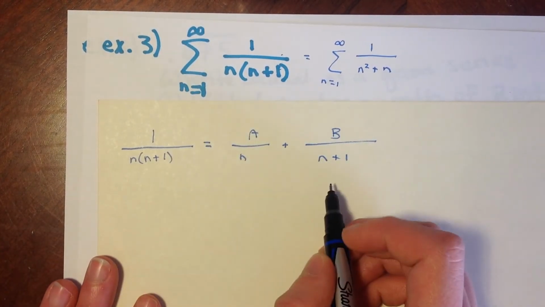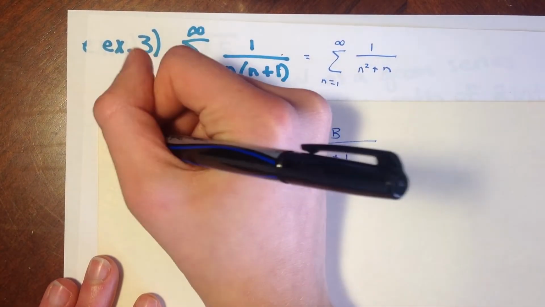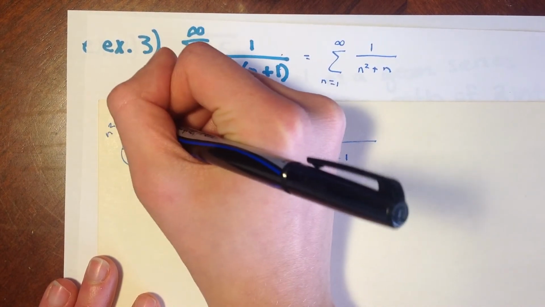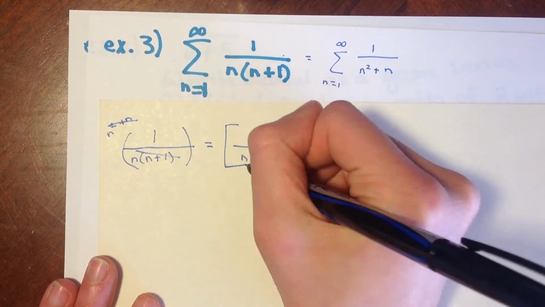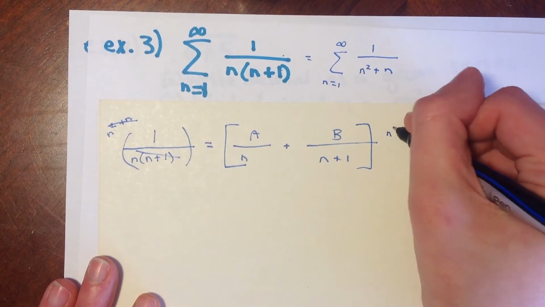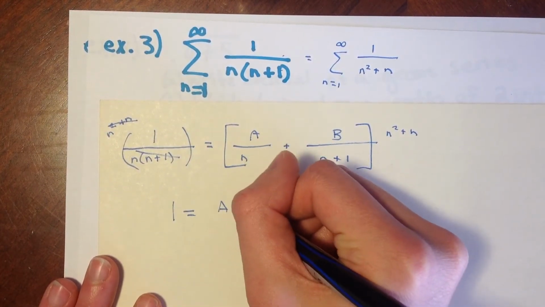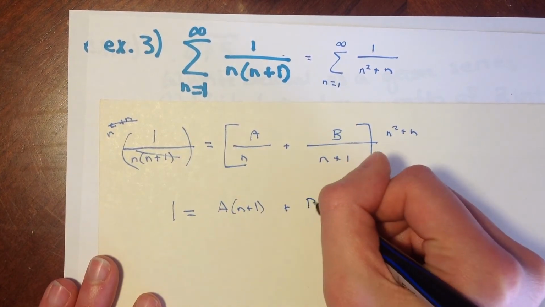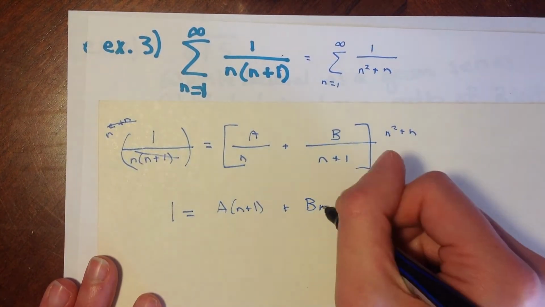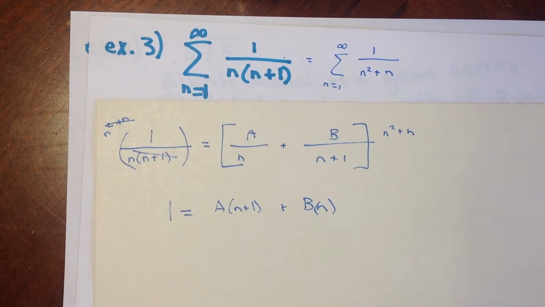So now I can reduce this. I can multiply everything by n squared plus n, which cancels, and multiply this by n squared plus n. So now I get 1 equals A times (n plus 1) plus B times n.